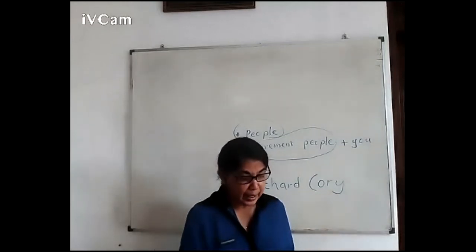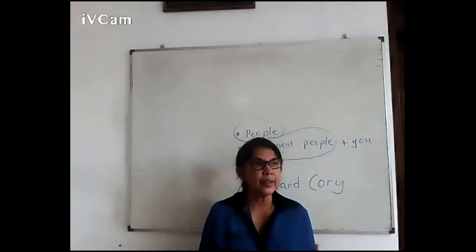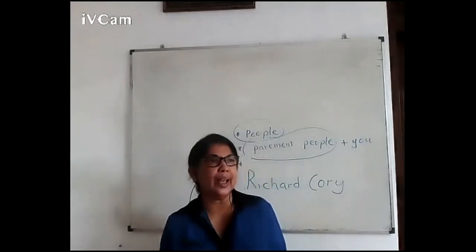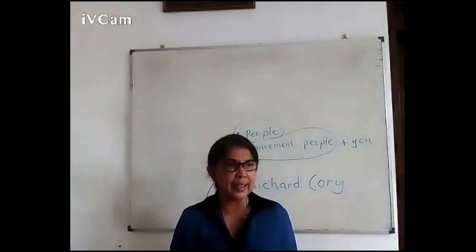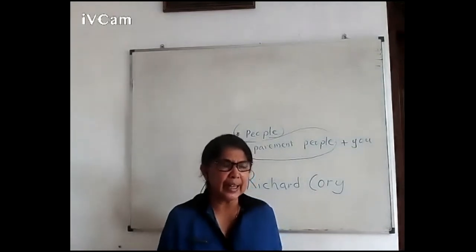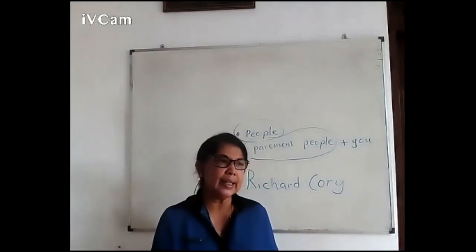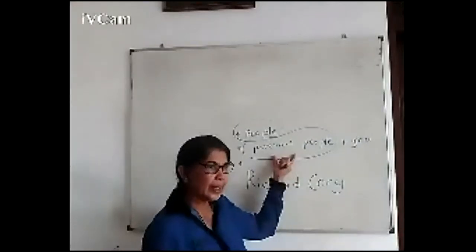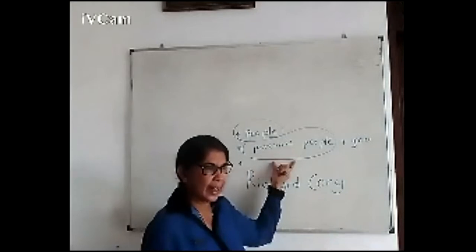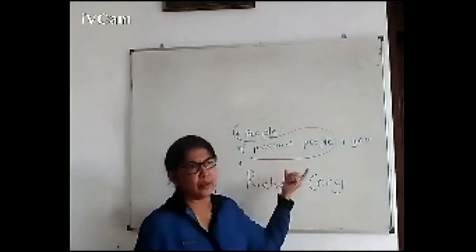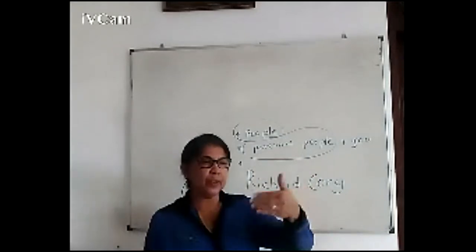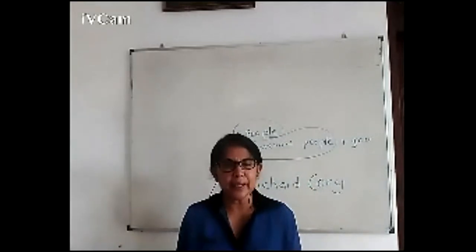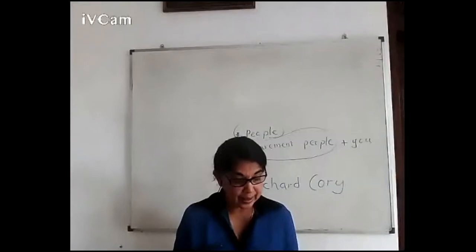And clean favored: the way he wears his clothes and everything else, he is a neat and tidy person. It gives the idea that pavement people are not neat and tidy with their costumes, which means they are facing problems finding better clothes.